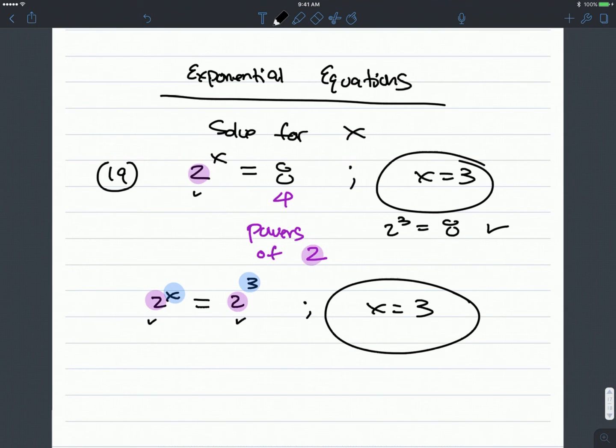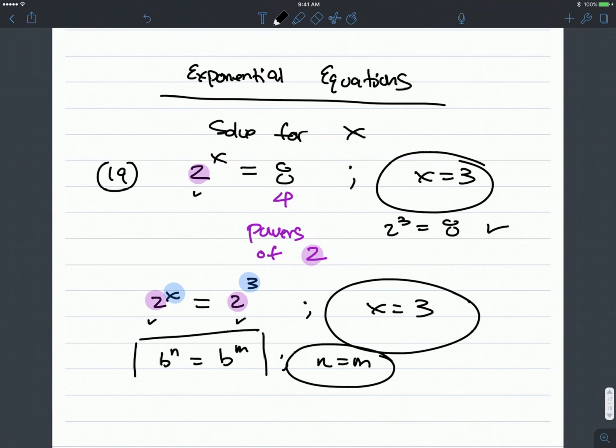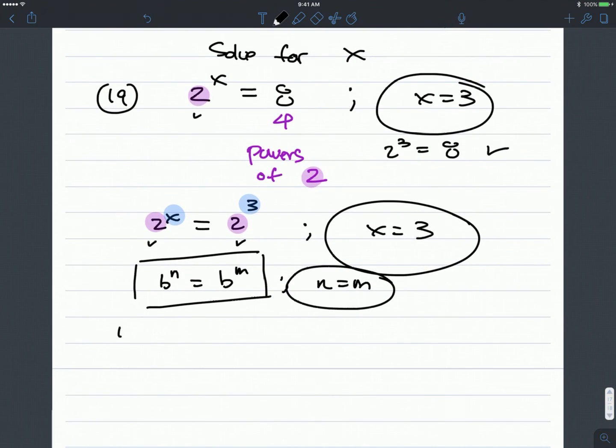So if they have the same base and different powers, that means your powers are the same. So b to the n equals b to the m. What that means is my powers are the same. n is the same as m. This is what I mean by formalizing it. If b to the n is b to the m, then n is the same as what? m.